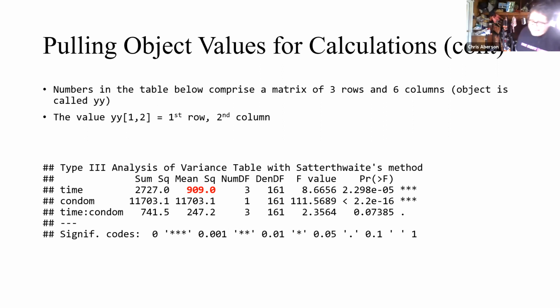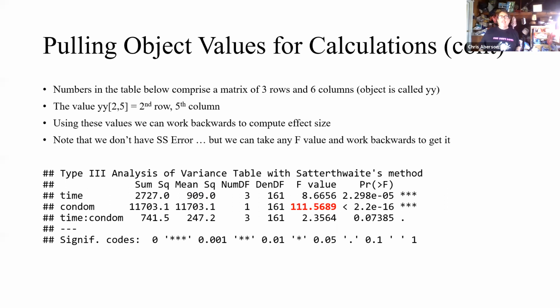And you can see I've highlighted that in red, times mean square value. Well, why are we doing that? Well, what I can do is I can get all the values I need for a calculation. I also need, say, if I wanted the F value for condom, YY2, second row, fifth column.